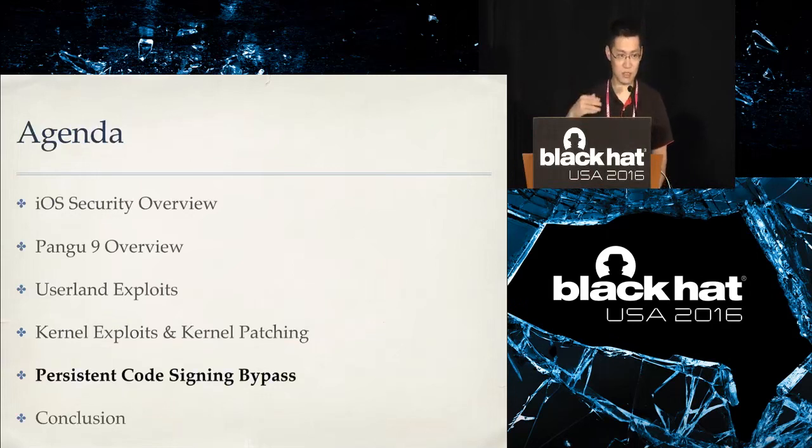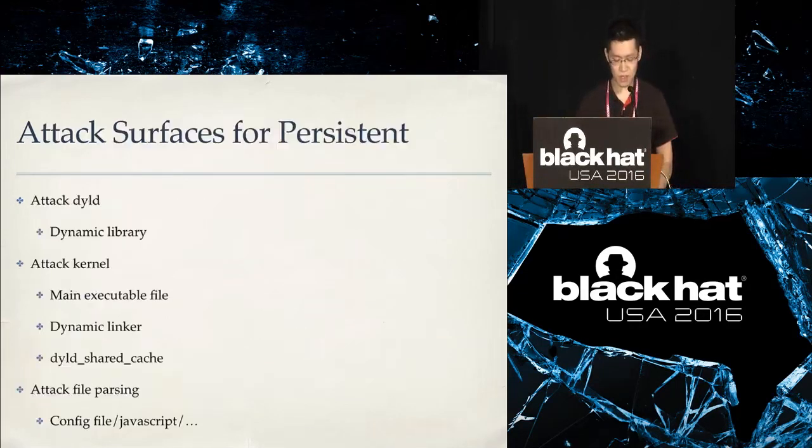Okay, so after talking about the vulnerabilities and the ways to defeat KPP, we will talk about how the Pangu 9 jailbreak achieves persistence. Usually, persistence is the hardest part of an entire jailbreak, because the attack surface for persistence is not very large.